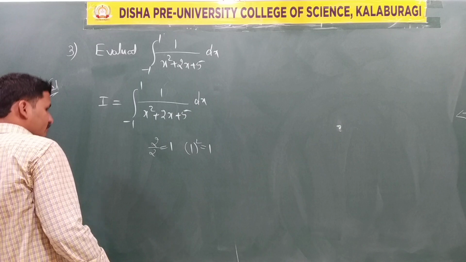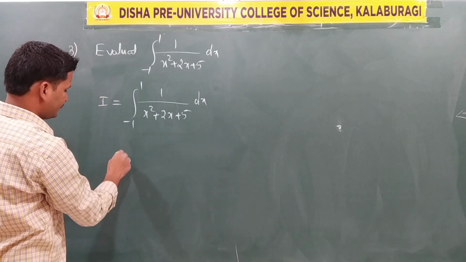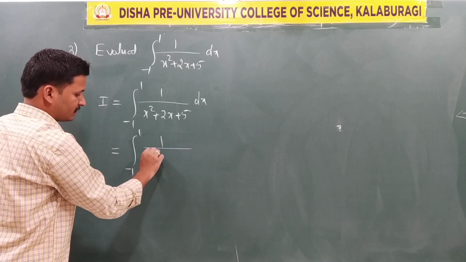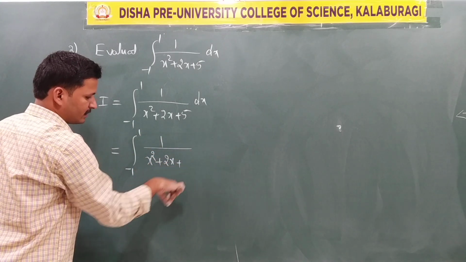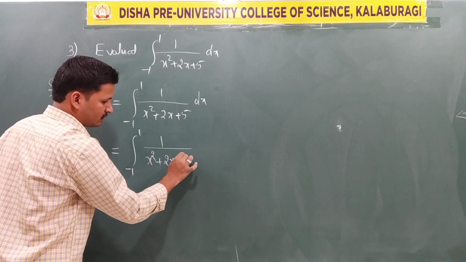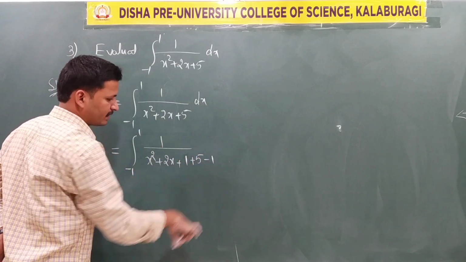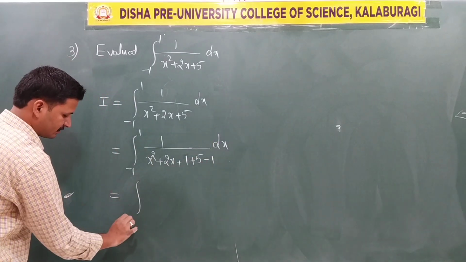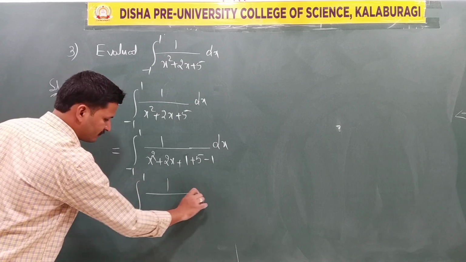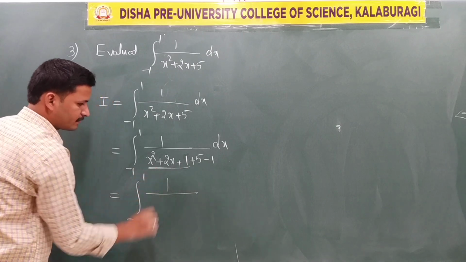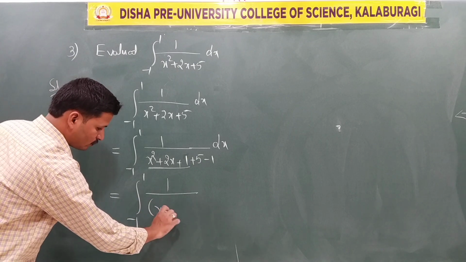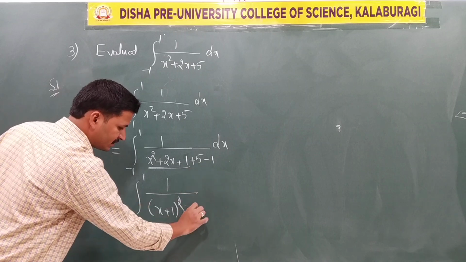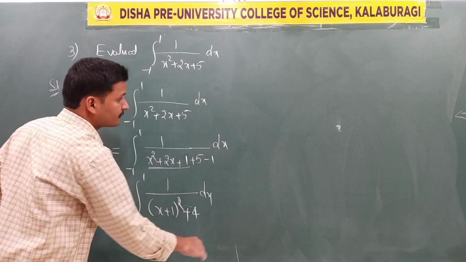Okay, so x square plus 2x plus 5 can be written as, from minus 1 to 1 divided by x square plus 2x plus 1 plus 5 minus 1. Okay, yes. Which is equals to integral from minus 1 to 1 divided by this x square plus 2x plus 1 can be written as x plus 1 whole square plus 5 minus 1, that is 4, into dx.